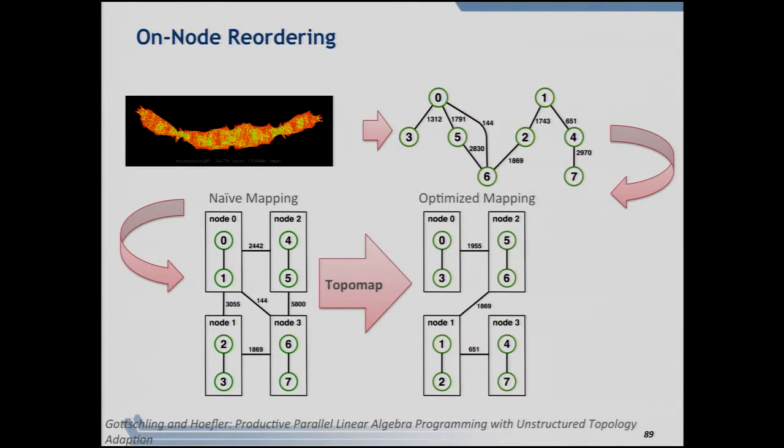If you do that, and if you take this graph, it turns out that the amount of communication that is happening across nodes is given by this number over here. So there's quite a bit of communication happening between nodes, and communication between nodes is more expensive than communication on a node. It's much faster if ranks within a node are communicating because they use shared memory communication. It's not going over the network and so forth.